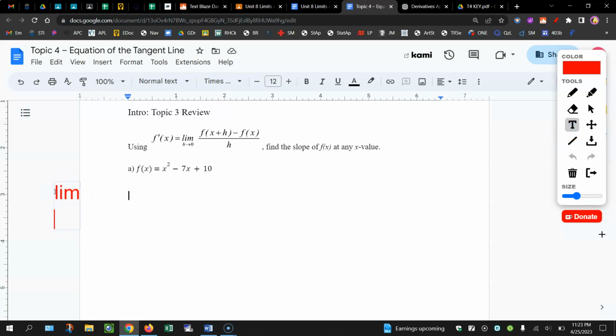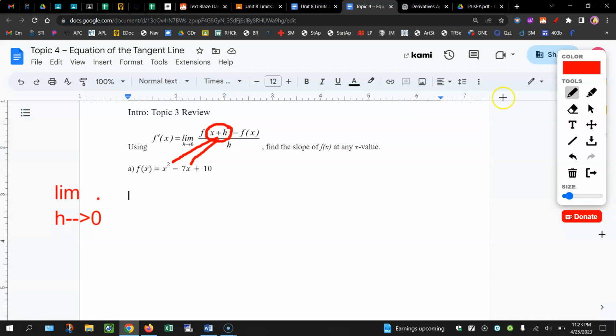It's going to be the limit as h approaches 0 of, and now I know this is going to look a little bit different than the way I showed you last class. I'm just going to do it all at once. So here, this just means whatever you're inputting, wherever there's an x, you're inputting an x plus h in place of x.